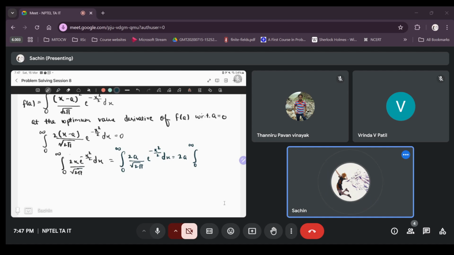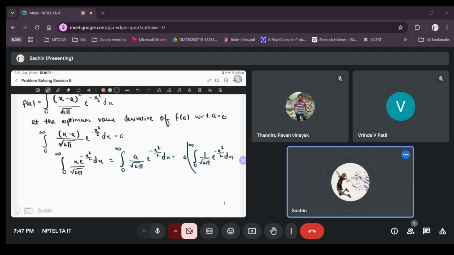The constants can be taken out of the integration. I will keep the 2 pi because it's useful. Now this is the integral of 1 over square root of 2 pi, e power minus x square by 2 dx.